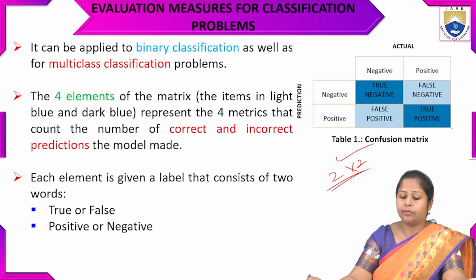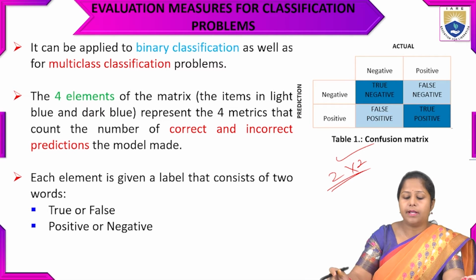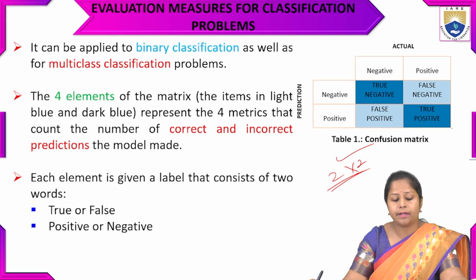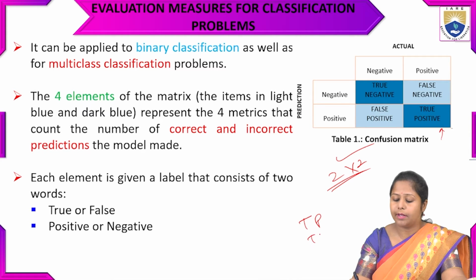The 4 elements of the matrix on the right-hand side, in light blue and dark blue, represent the 4 matrices that count the number of correct and incorrect predictions for the model. That is the true positive, true negative, false positive, and false negative.